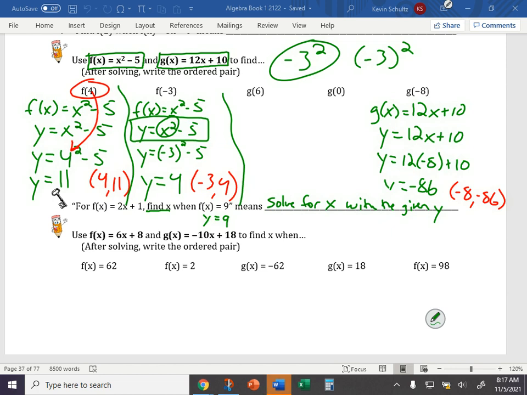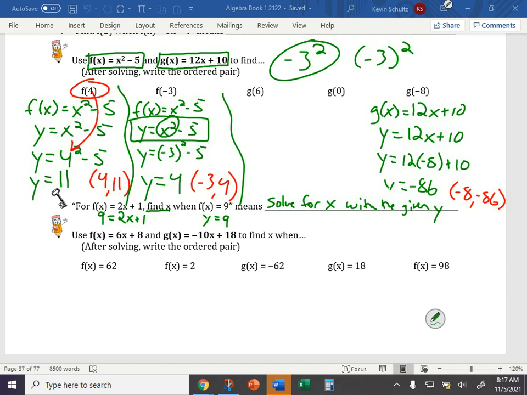So what we do is we take this 9 and plug it in for f of x, because remember, that just means y. Okay? And what value for x makes this true? Find x. Ellen? 4, right? 2 times 4 plus 1 is what gives us 9. Do you see the difference?